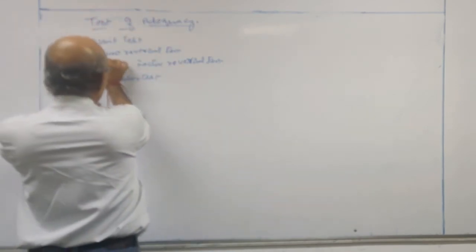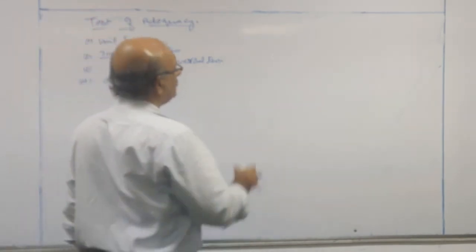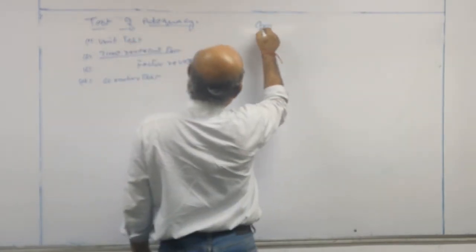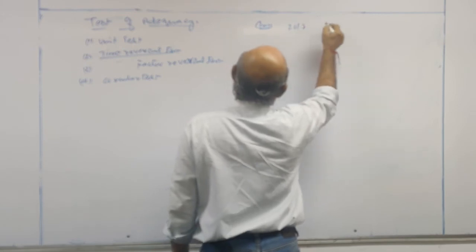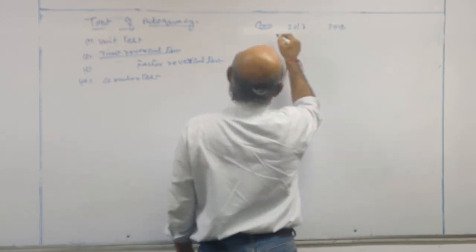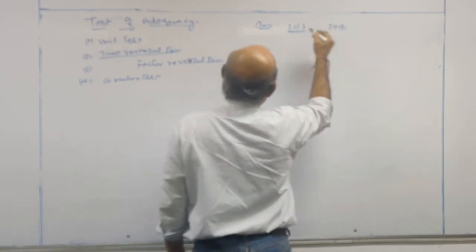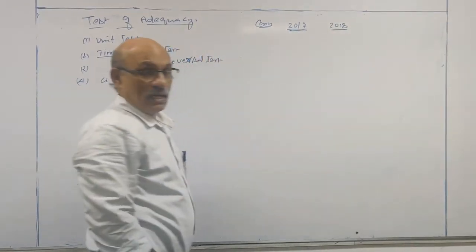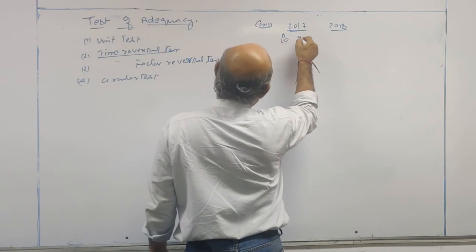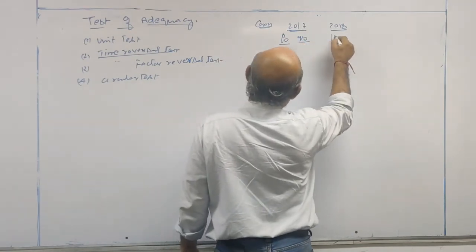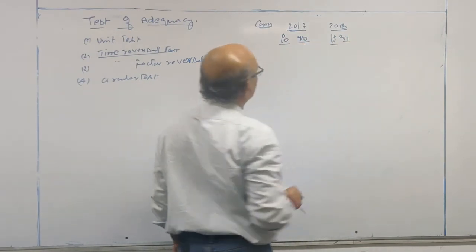Look at this, what is meant by time reversal test. Let us see, we have a group of commodities. Base year is 2017. Current year is 2018. So for this group of commodities, P0, Q0, P1, Q1 are given to us.